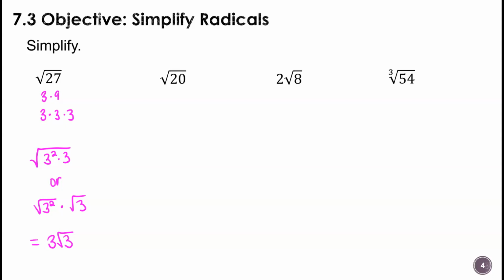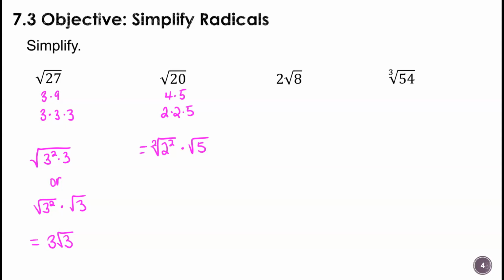All right, on the next one, I'm going to factor 20, which is 4 times 5. So that's 2 times 2 times 5. Then under the radical, I'm going to have 2 squared times the square root of 5. I guess I should put some equal signs here. Now, the square root of 2 squared: remember when my index is 2, I can treat this like I did with variables in a previous lesson.